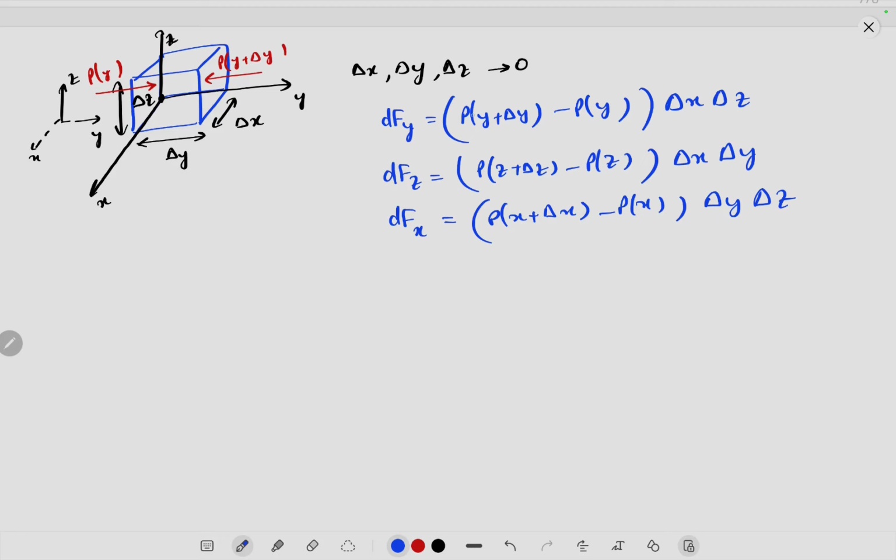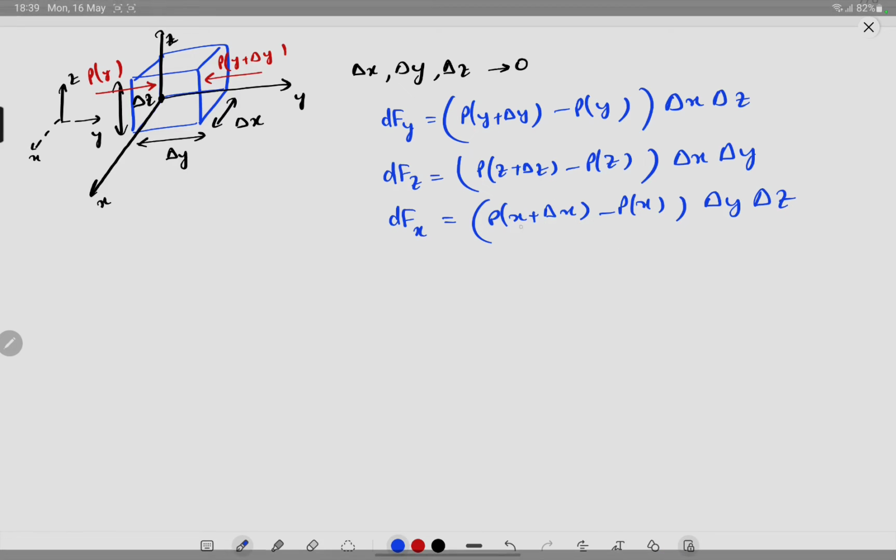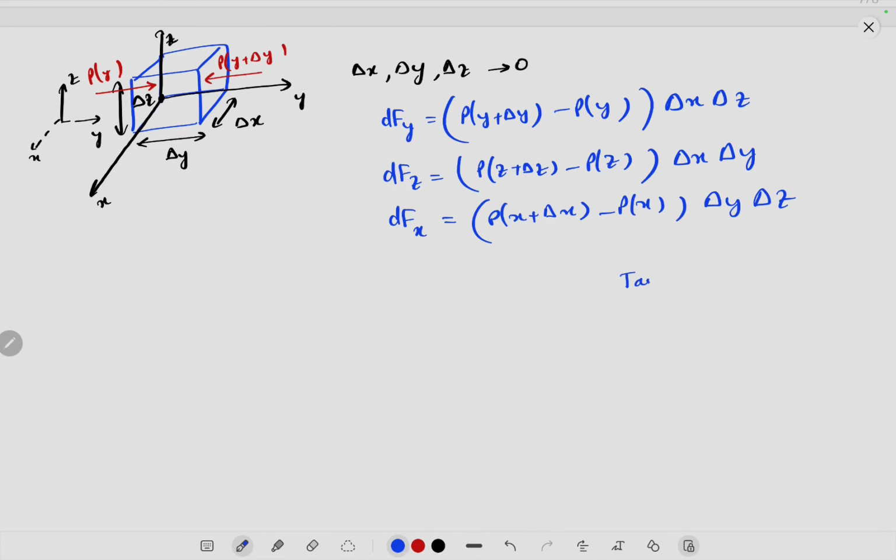Now to expand P of y plus delta y in terms of P of y, or P of z plus delta z in terms of P of z, or P of x plus delta x in terms of P of x, we will use Taylor's series in mathematics.